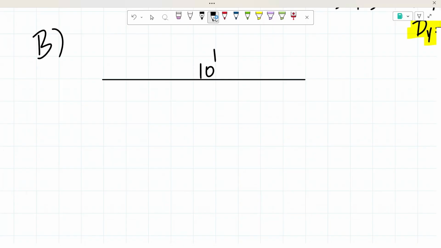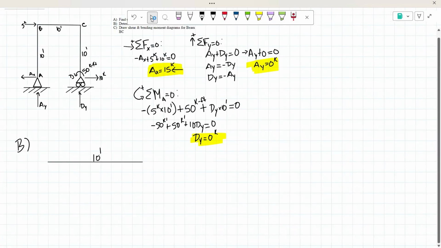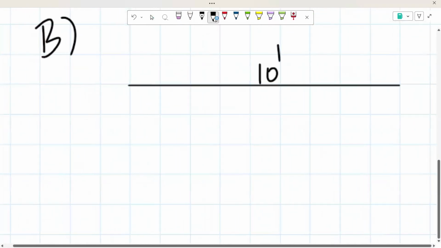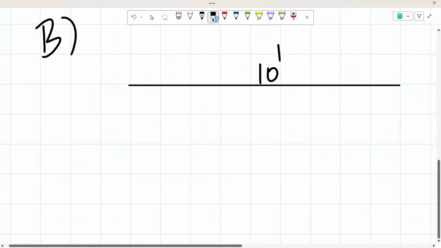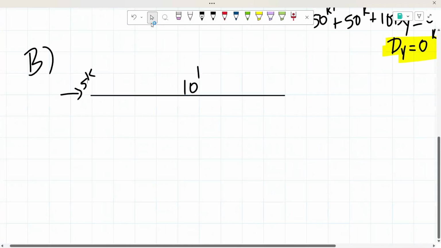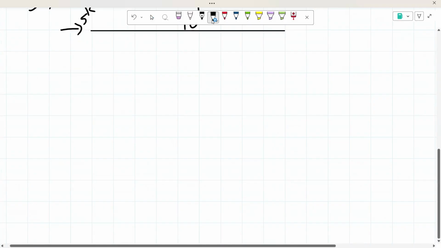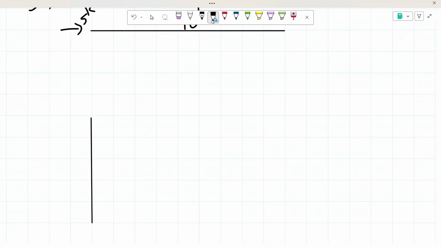We know that at this point right here, we have 5 kips. That's all that we need to know. From there, we could proceed by drawing the span of AB.